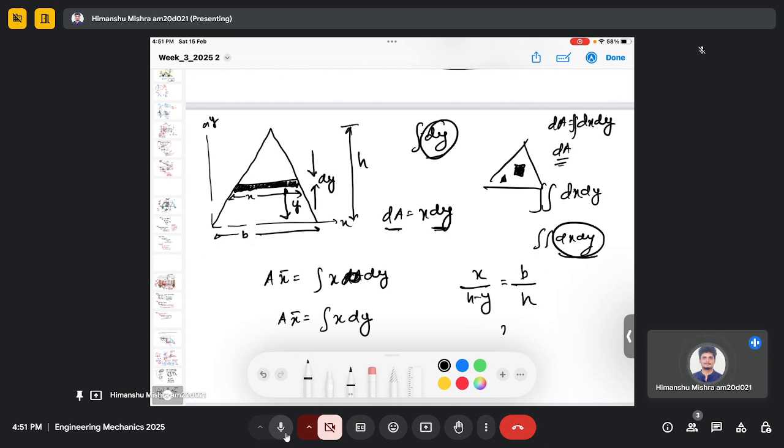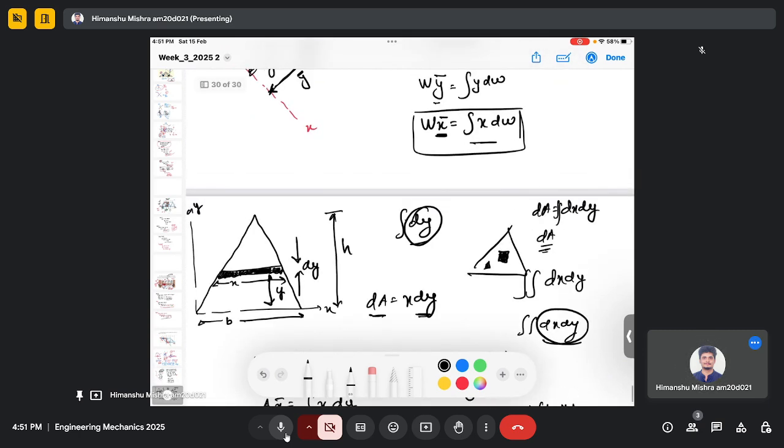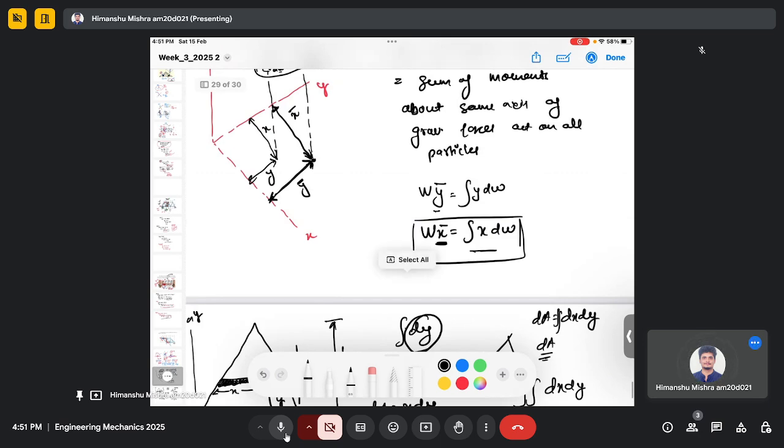So you can write x as b by h times h minus y. So this integral will become, let me write here.